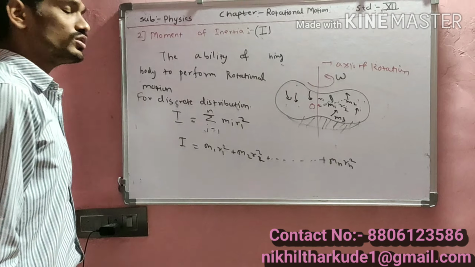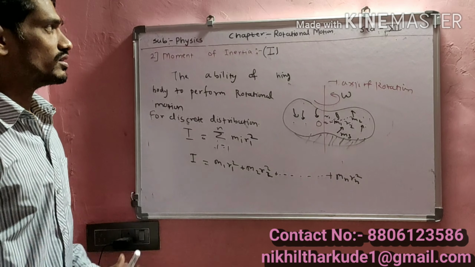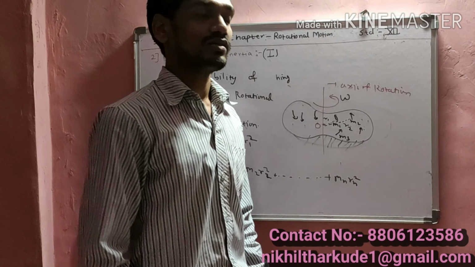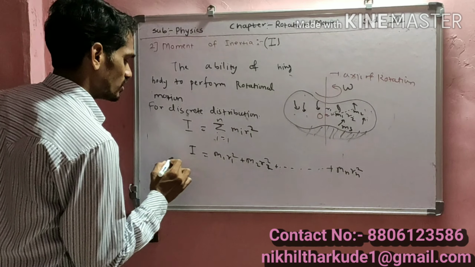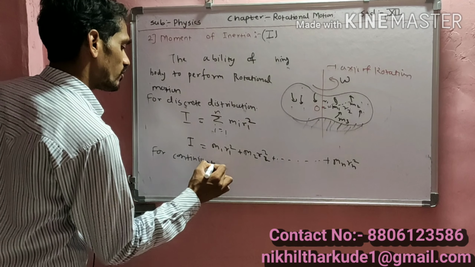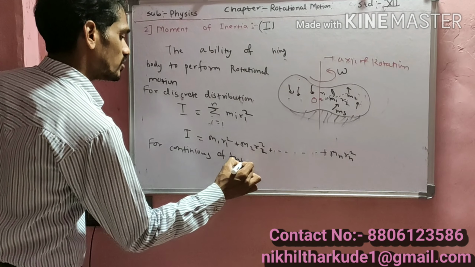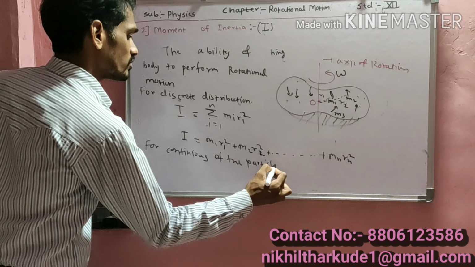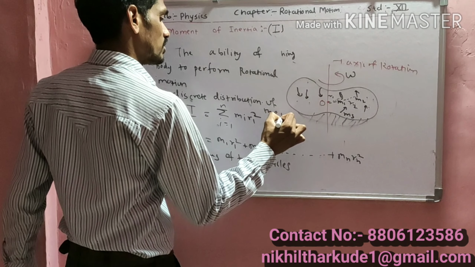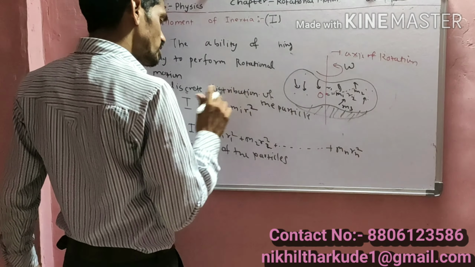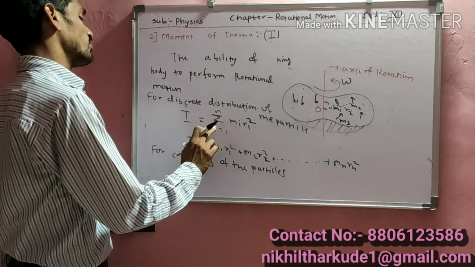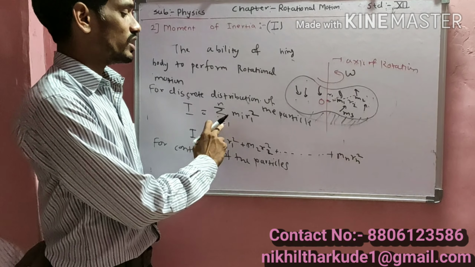But what about continuous distributions? If the body is made up of so many particles, replace this summation. For discrete distribution of the particles, we define I equals summation i running from 1 to n of m_i r square.